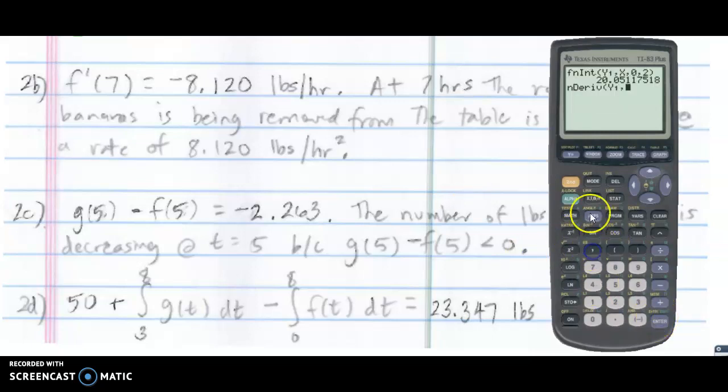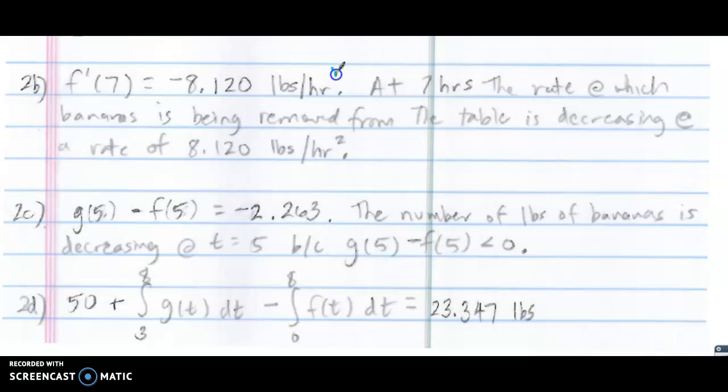In terms of x, at, we wanted 7. And we get negative 8.119, which rounds off to, if you're rounding, negative 8.120 pounds per hour. That should be squared. I have it in the next part of the problem, but I'm just noticing a mistake there. So that should be a square.